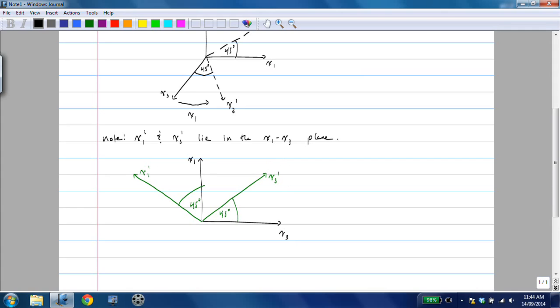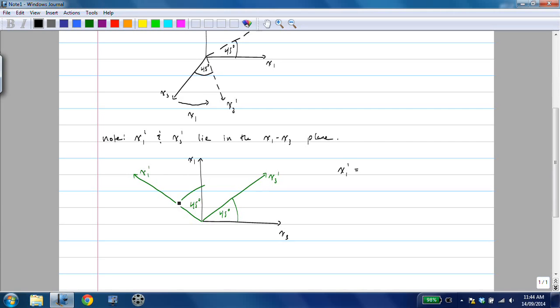If you tilt your head to the left a little bit, then we can get the following expressions for x1 prime and x3 prime. So we want to describe x1 prime with respect to x1 and x3.